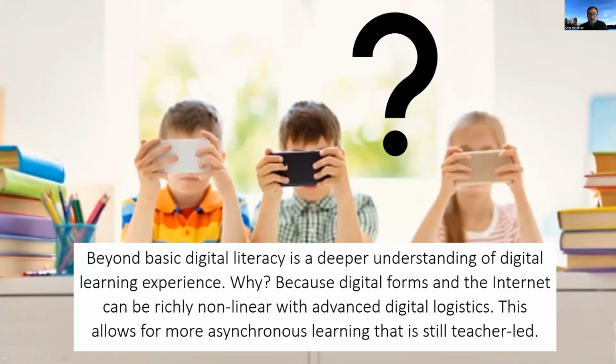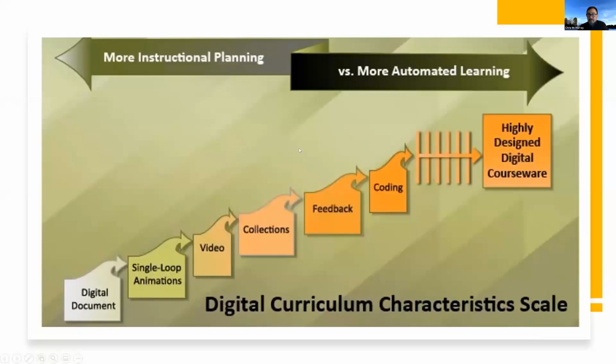So what we're going to start out with here, as long as my mouse control works, there we go, is a digital curriculum characteristic scale. This was designed by the Learning Council in 2015-ish, and it's designed for a purpose: to help people understand what the bits and pieces of Lego are that you're going to be using to design a learning experience, so that you can start to move up a sophistication scale when you're choosing resources.